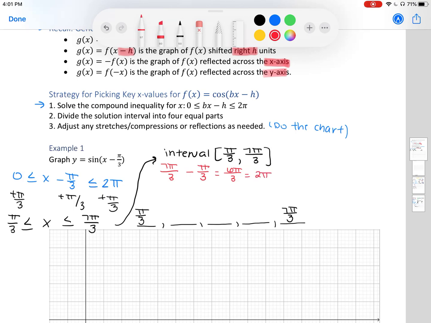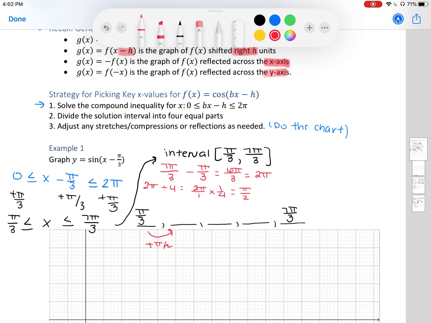We divide that into 4 pieces so we can know how much to add between each interval. So 2 pi divided by 4, or 2 pi times 1 over 4, we get pi over 2. So we're going to add pi over 2 between each number.